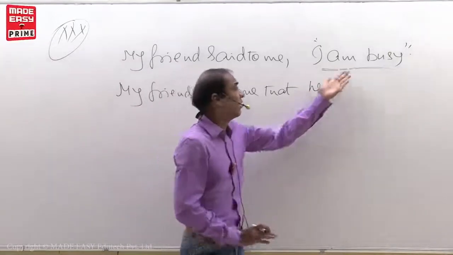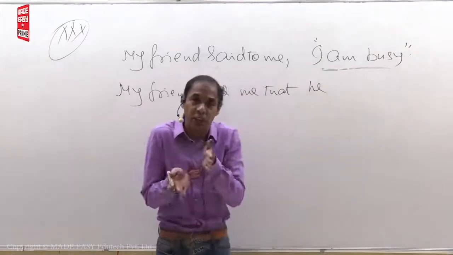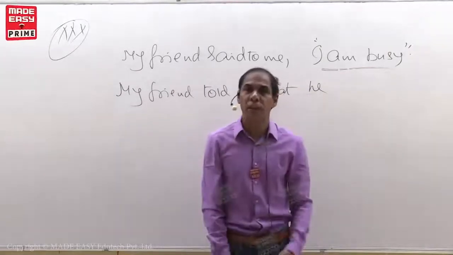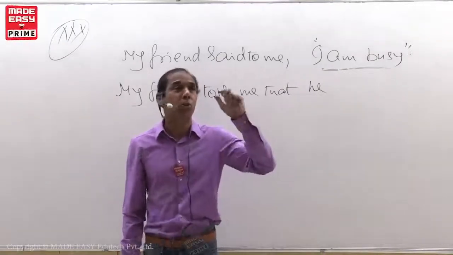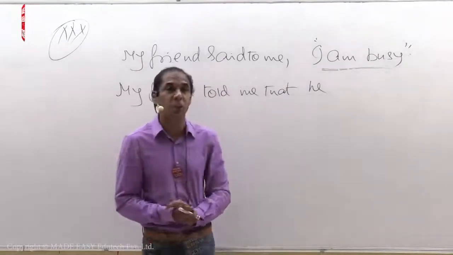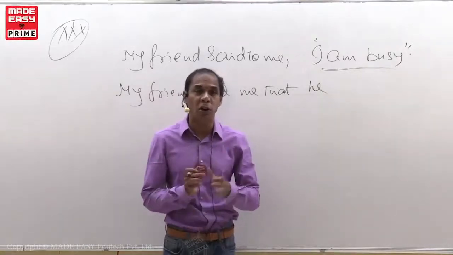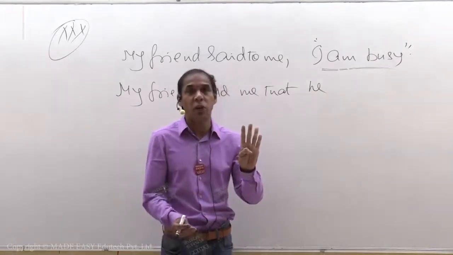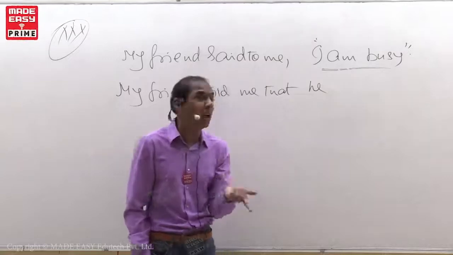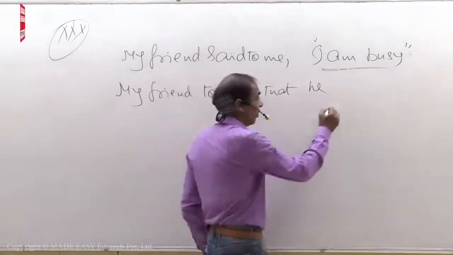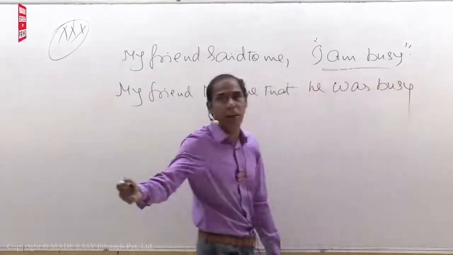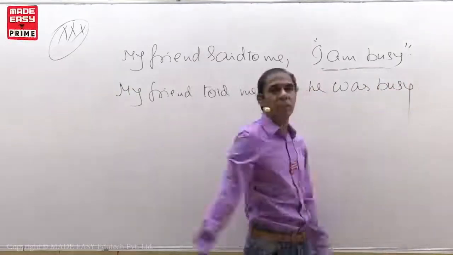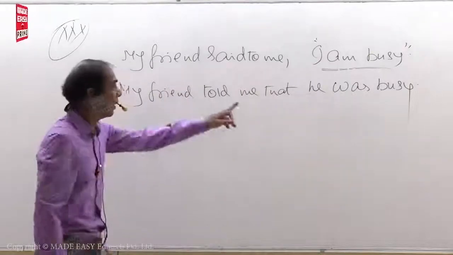If the direct speech is in the form of present tense, it should be turned into simple past. What is the formula of the simple past? Put V2. What is the V2 of go? Went. What is the V2 of eat? Ate. Similarly, what is the V2 of am? Was. That he was busy. Very easy. What are the three forms?